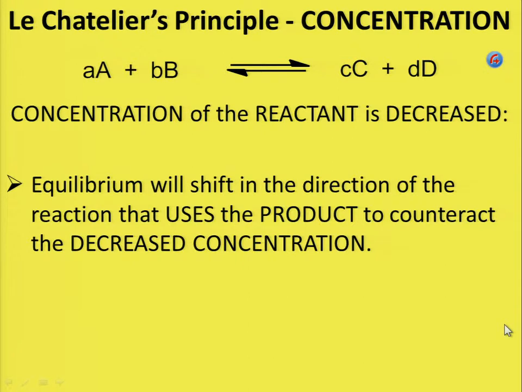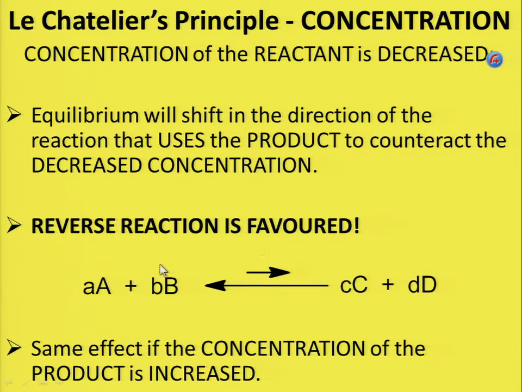If the concentration of the reactant is decreased, the equilibrium will shift in the direction of the reaction that produces the reactant to counteract the decreased concentration. That means if you take away some of A, the reaction will respond by making more of A to reinstate the equilibrium.